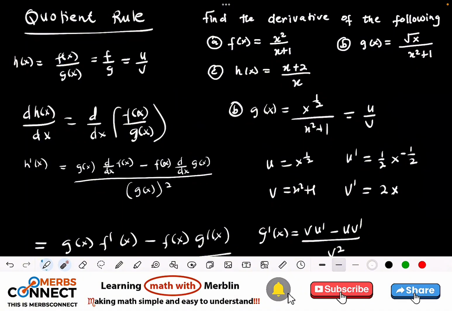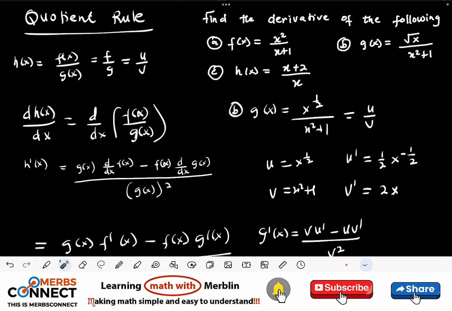So you saw that all the rules that we learned, constant multiple rule, product rule, quotient rule, sum and difference rule, all the functions that we were differentiating were a polynomial function, or let me say a radical function, because now we know that we can differentiate a polynomial function and a radical function using the idea of power rule.